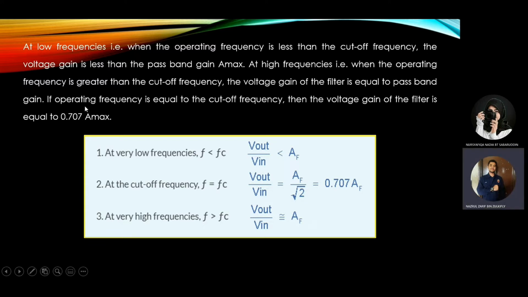If the operating frequency is equal to the cutoff frequency, then the voltage gain of the filter is equal to 0.707 times the pass band gain. This is the simplified picture for the above explanation.